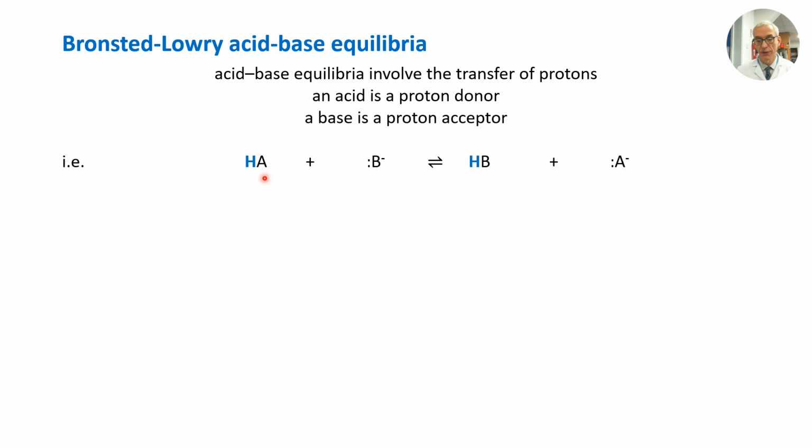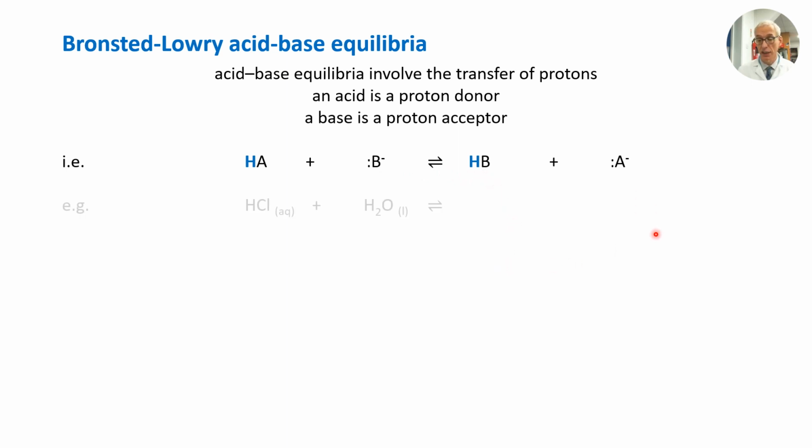So the transfer of the proton from the acid, the proton donor, to the base, the proton acceptor, results in HB as the product and A- as the other product. So the HA loses a proton to become A-, and B, the base, accepts a proton to become HB.